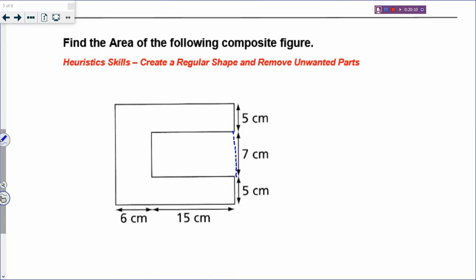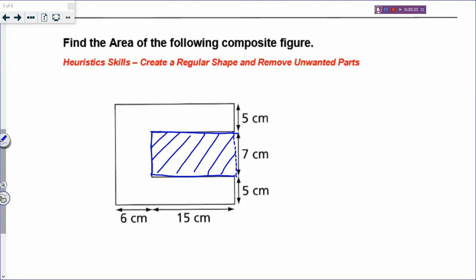I find the area of this whole rectangle, and then I take out what I don't want. I would like to take out this part which is not part of the figure. So I will remove this area. And then after removing this area, I will get the area of the composite figure, right? So that's also another method to find area.